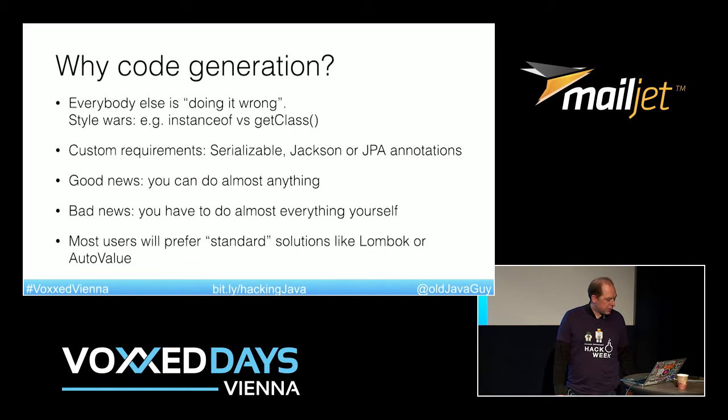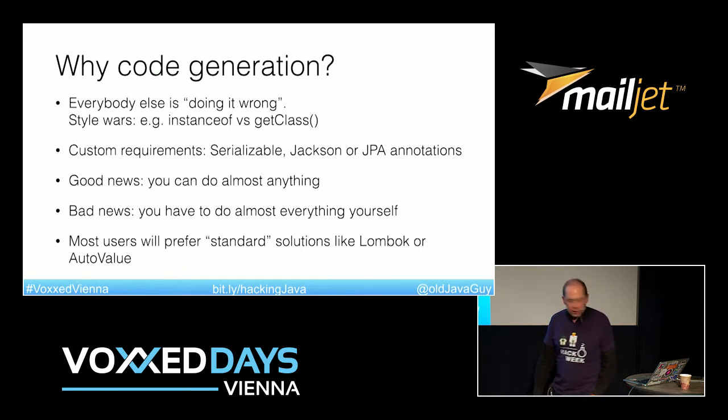So that said, let's go into actual reasons of doing it. As I said earlier, sometimes you just want to get it exactly right and not only almost right. Perhaps you have individual ideas of how things should work, or you have custom requirements, like you want to integrate, I don't know, Jackson annotations or JPA annotations.